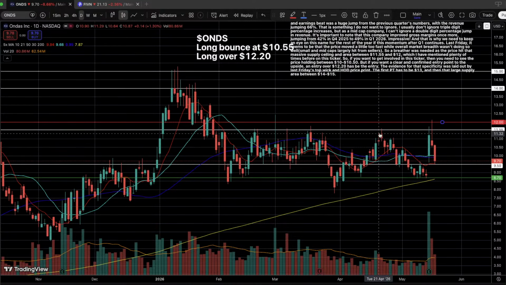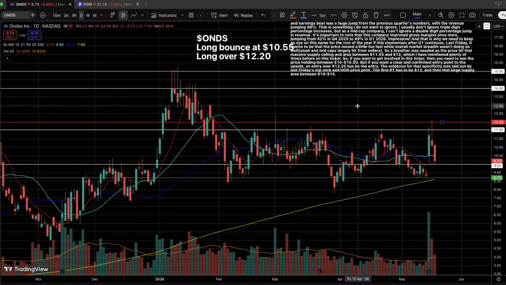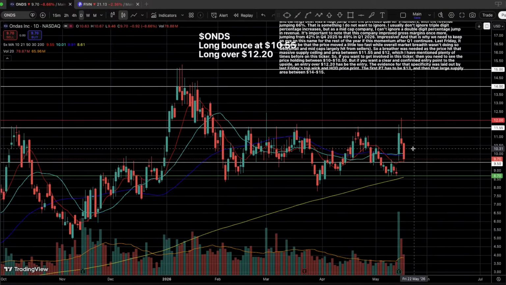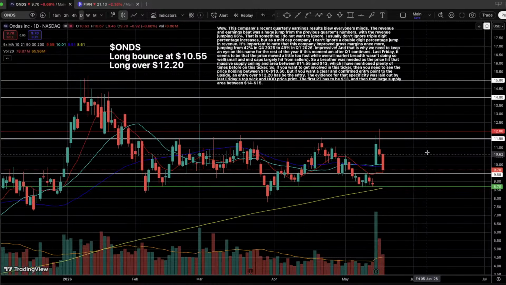Now within this massive base, we also have some levels, $9.50 and $11.55. The price continues to range trade between these two internal levels within the overall massive base between $12 and $8.70. So I think there's a good chance, well, there is an opportunity here, right? This is NFA, do your own research, right?